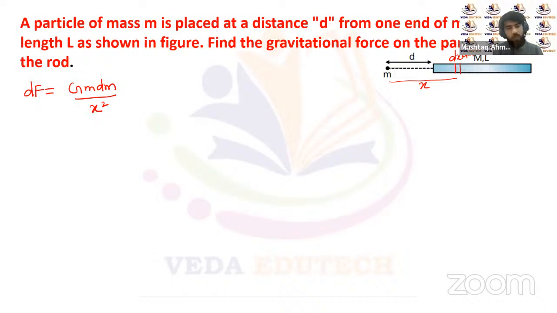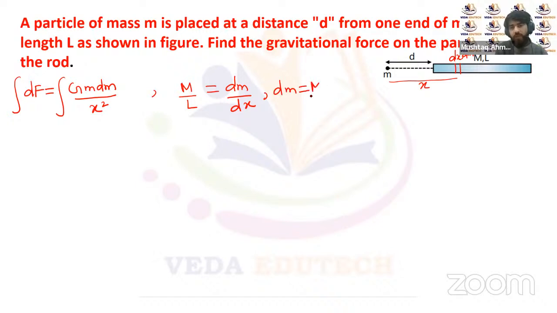So this will be the force. Now to calculate the net force on this mass m, we have to integrate on both sides with the proper limits. Now talking about the value of dm, we know that the mass per unit length will be equal to dm upon dx, or we can write dm equal to M by L into dx.